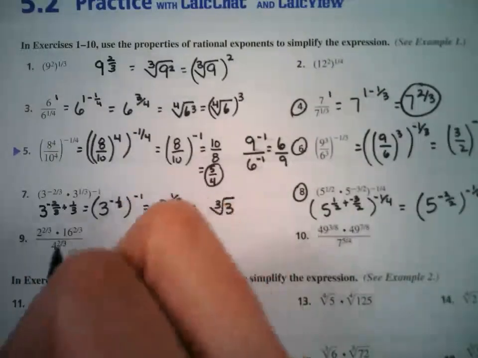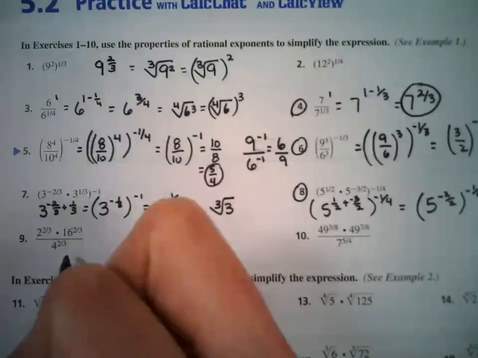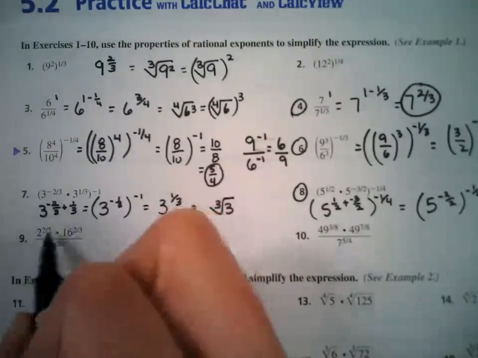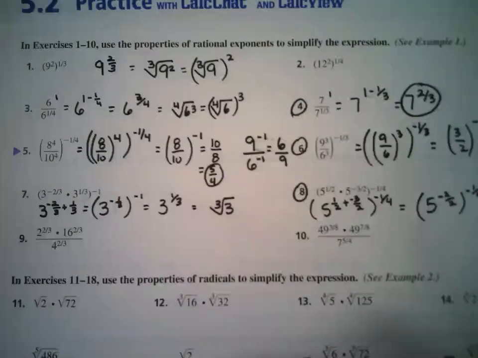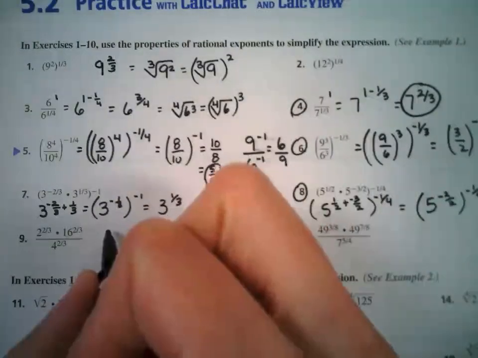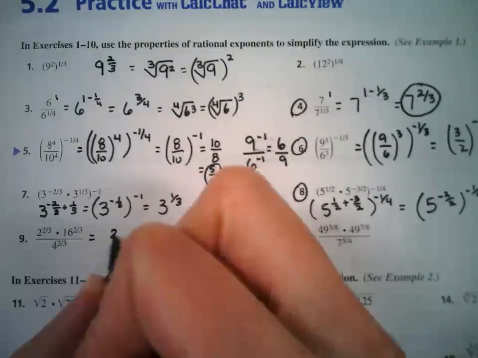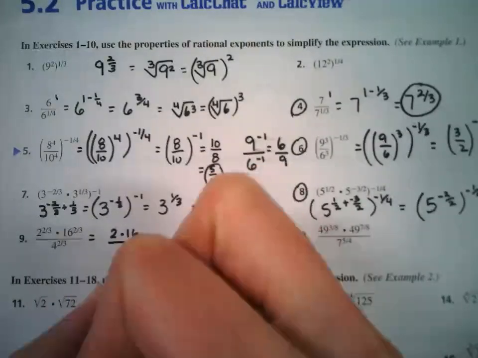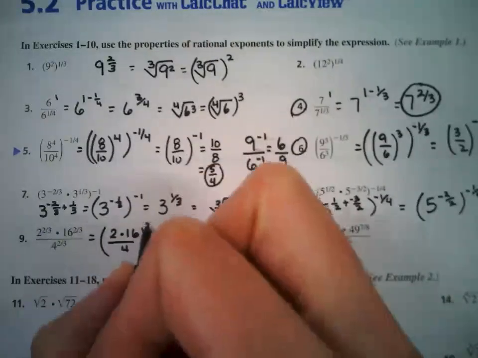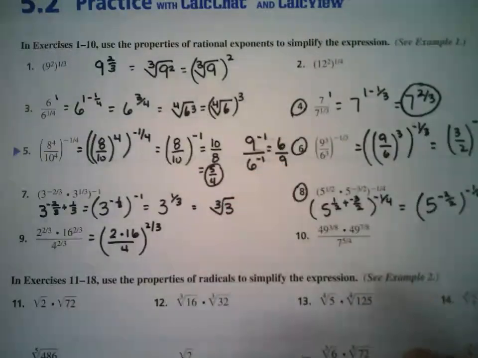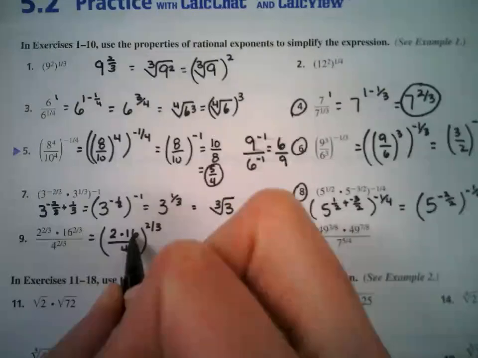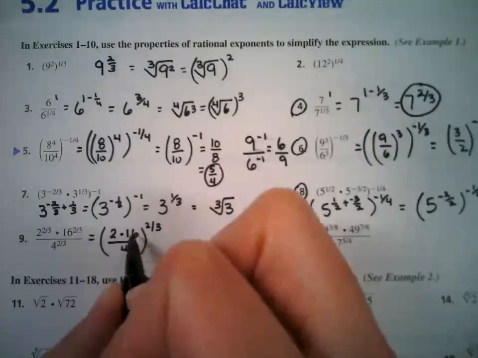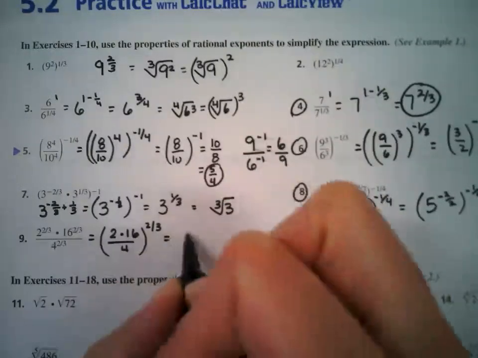Number 9, we have everything to the 2/3 power. That means I can pull that exponent out to the outside, and I just keep all of my bases. And then I can simplify within my parentheses. 2 times 16 is 32. 32 divided by 4 is 8.